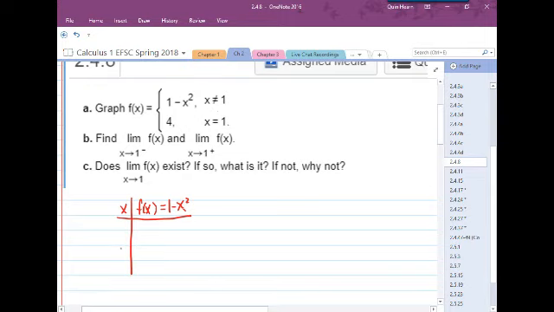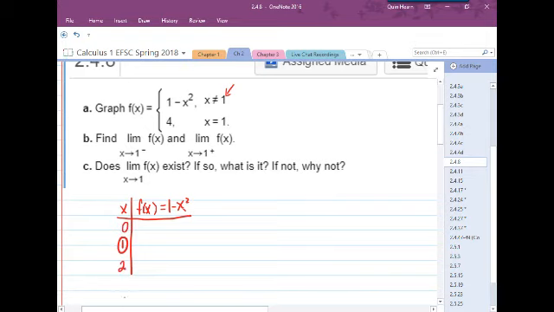So since this is a boundary value, I'm going to put the 1 on my list of x values, and I'm going to circle it to remind myself that there's going to be an open dot there. And then I'm going to pick other values nearby, like 0 and 2.